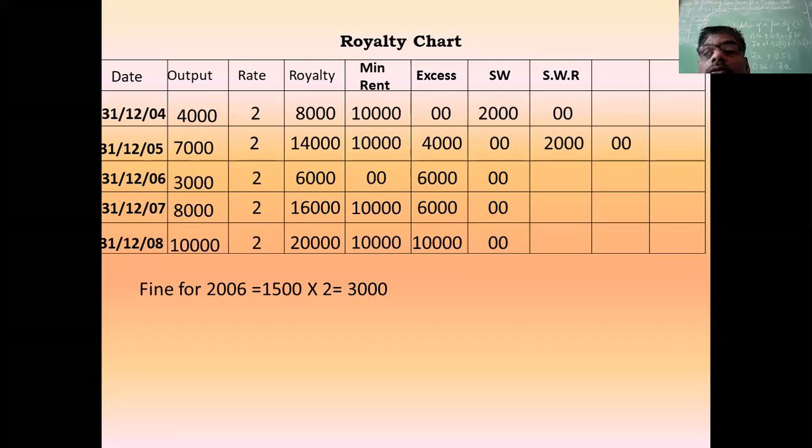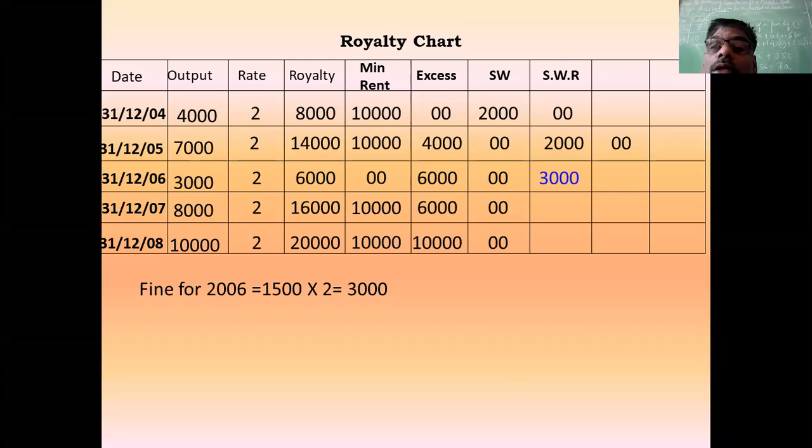Out of this 6,000, the publisher deducts the penalty and the remaining amount is paid to the author. 6,000 is the royalty payable to the author. There is no minimum rent, and out of this 6,000, the publisher deducts the penalty of rupees 3,000 for late submission by the author. 3,000 is recovered.